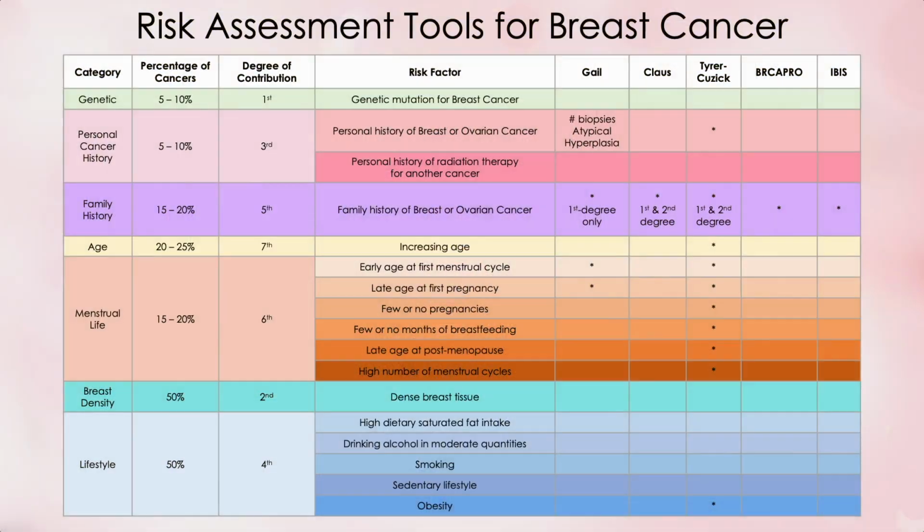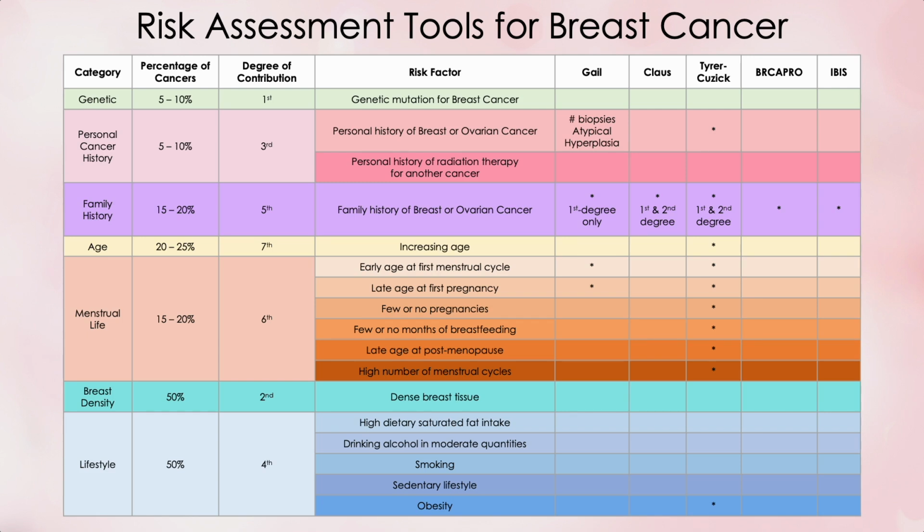If we make a chart to show which of these tools considers which risk factors, it looks like this. All I've done here is use the skeleton of our risk factor chart to incorporate these 5 risk assessment tools. Across the top row, you see the category of risk factors in the first column, the percentage of cancers in each category in the second column, the degree of contribution of each risk category in the third column, the actual risk factor in the fourth column, and the 5 risk assessment models in all the other columns.